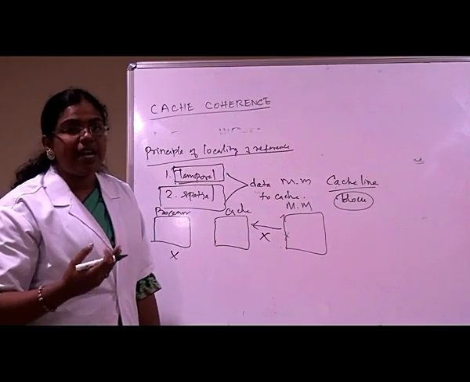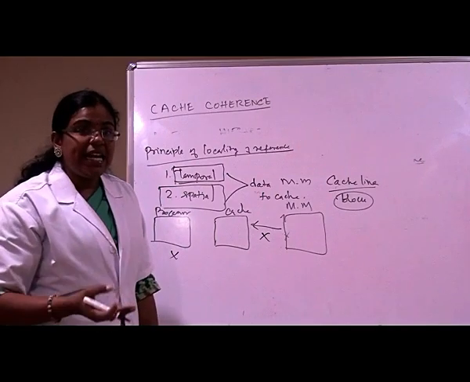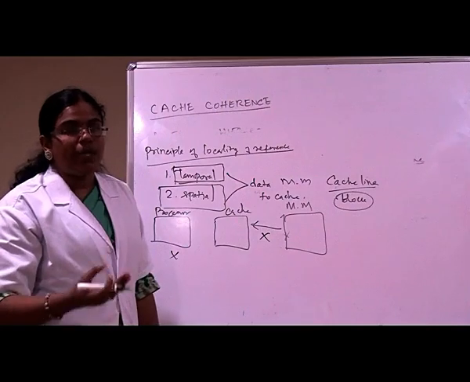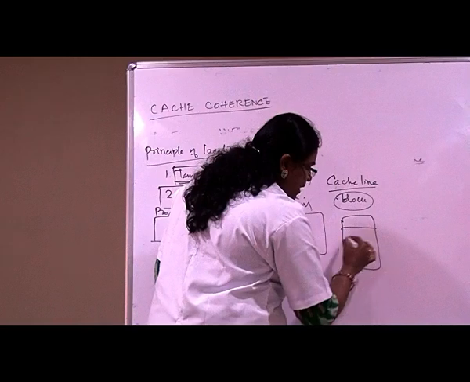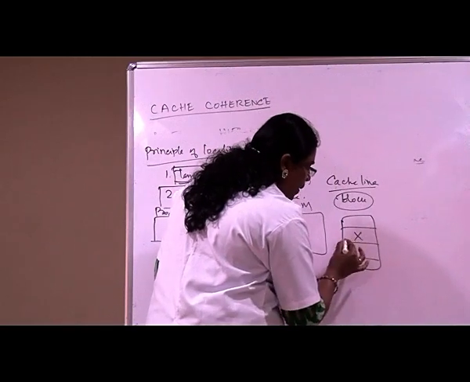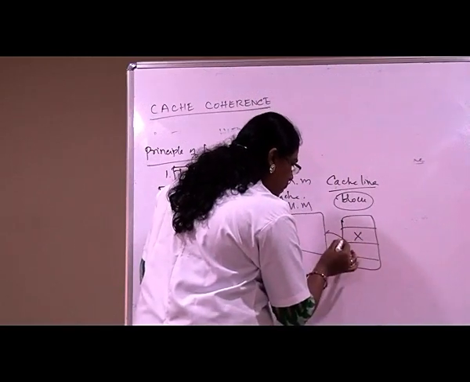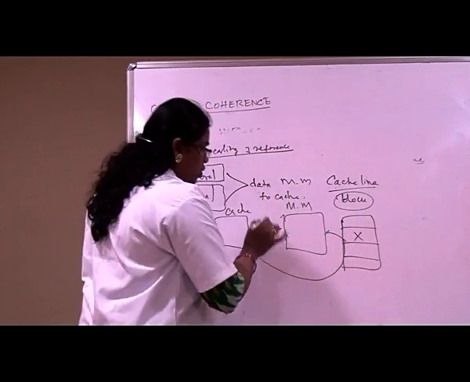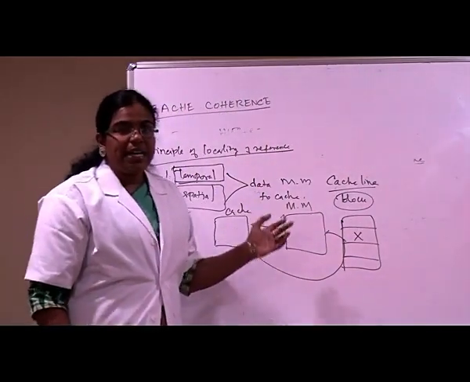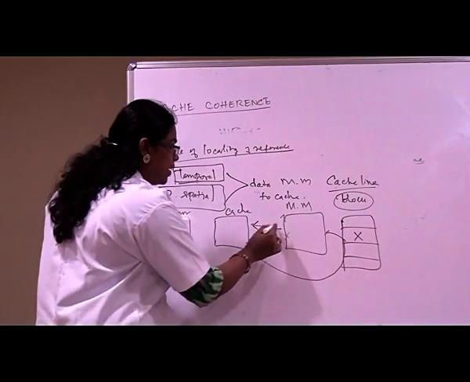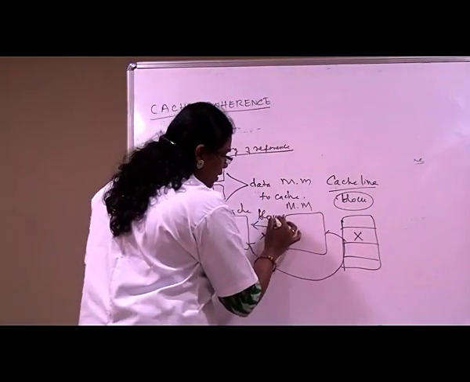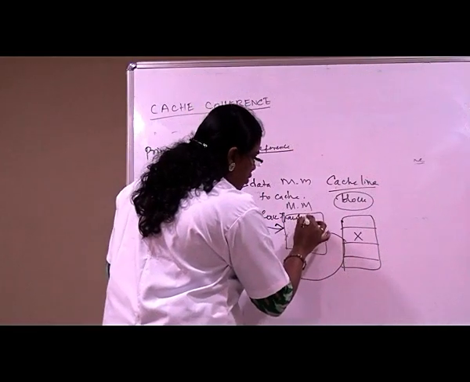The entire cache line, that is the cache block containing the X, will be brought from main memory to the cache. This is how the data transfer happens between the main memory and the cache. So there will always be a block transfer between the cache and main memory.